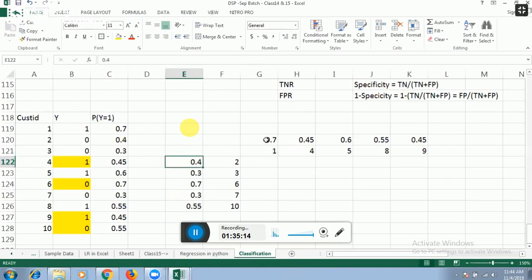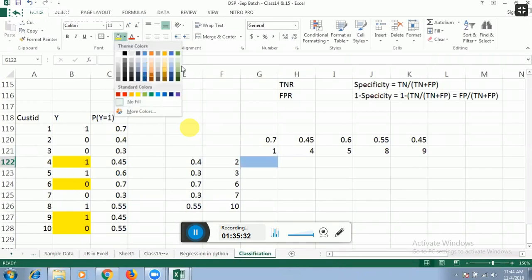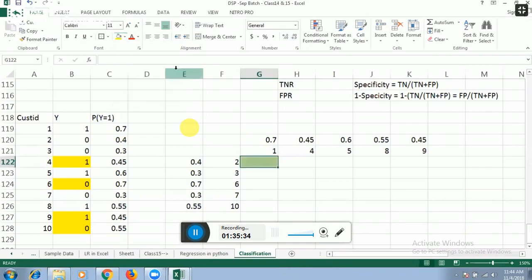Suppose I'm taking customer 1 and comparing with the other customers in terms of probability. If I compare customers 1 and 2, do you have a high value for 1 and a low value for 0? So can I say this satisfies the criteria? And what about this? This is also satisfied, right?